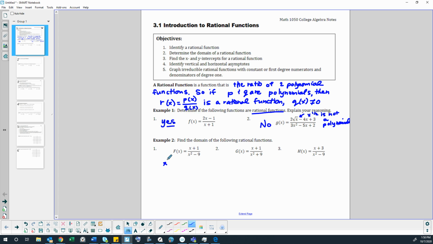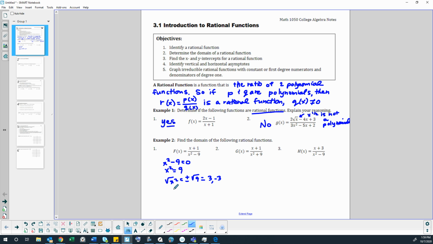So for number 1, x squared minus 9 equals 0 if x squared equals 9. And that happens when the square root of x squared is equal to plus or minus the square root of 9, which is plus or minus 3. I don't need to write the plus. Positive 3 or negative 3.